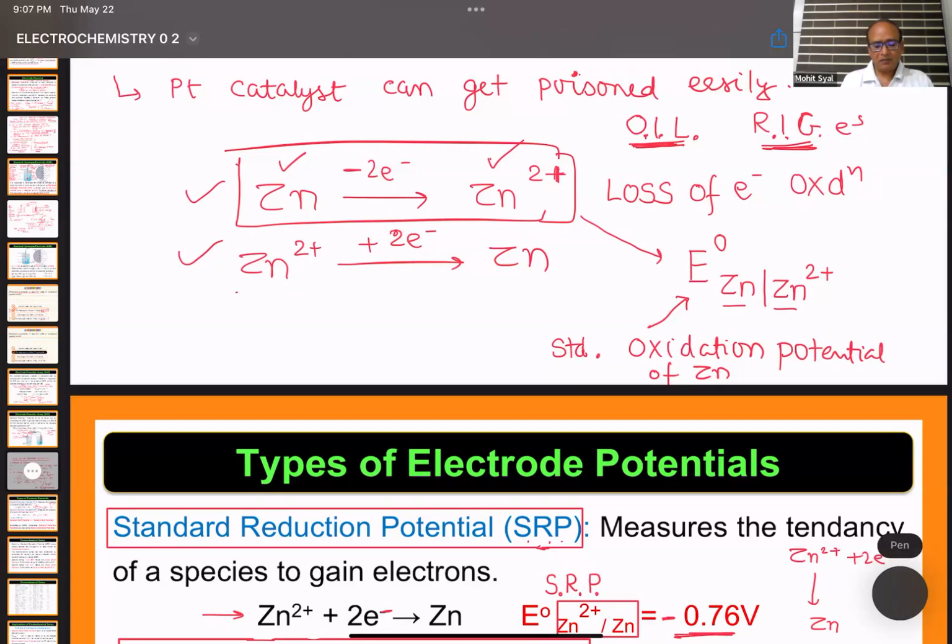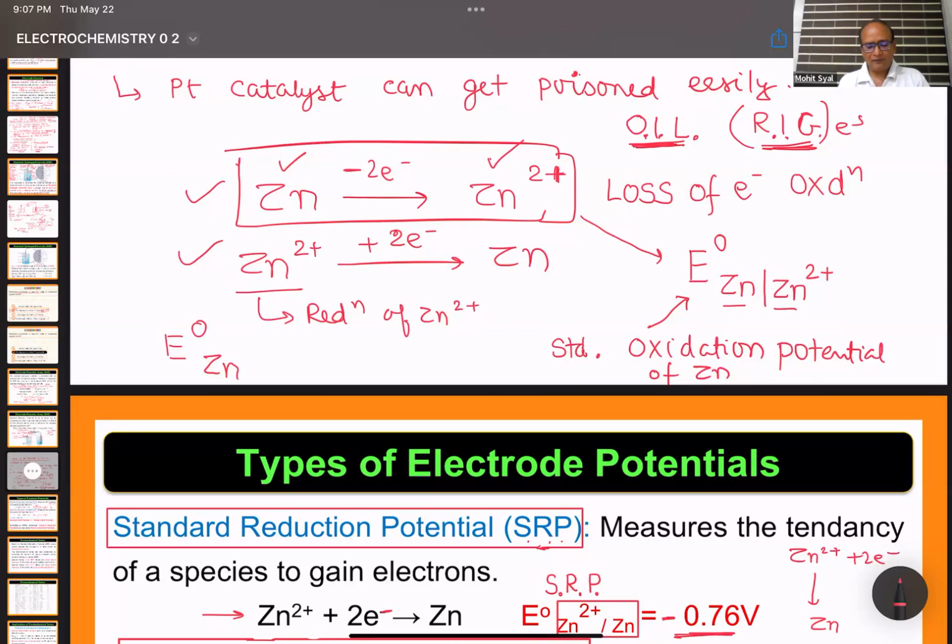Suppose you start with Zn2+. Zn2+ can't lose electrons, it is already +2, so it will gain electrons. And RIG is the mnemonic for reduction is gain of electrons. This is reduction happening. The electrode potential for this same zinc should be written this way.